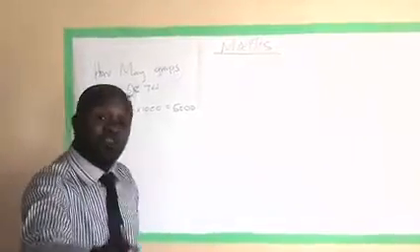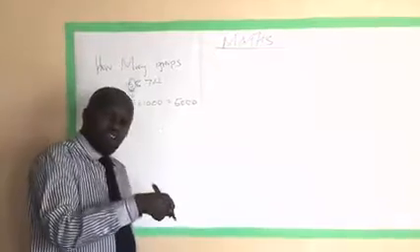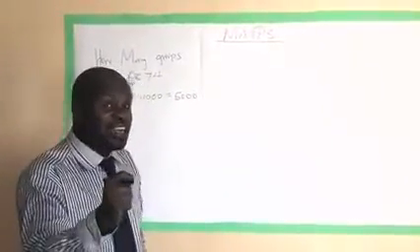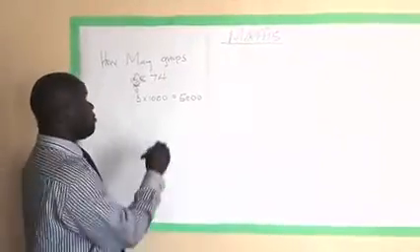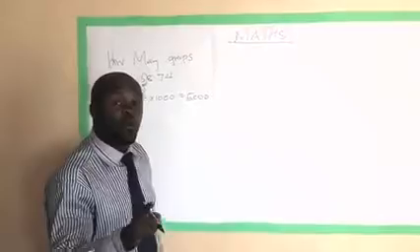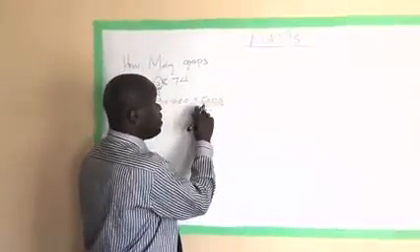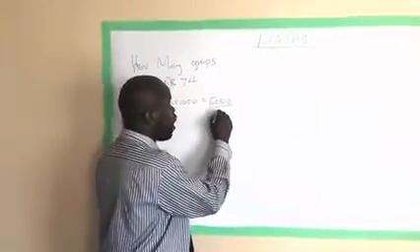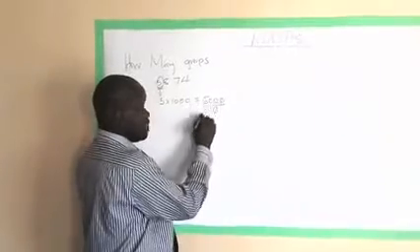So the total value of any number is the position of the number in the place value chart and the number itself when we multiply. But they asked us how many groups of tens are in this number, the total value of digit 5. So I will divide here by 10. What do we get? 500.